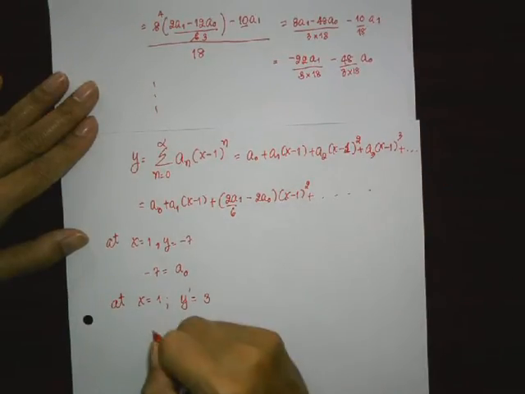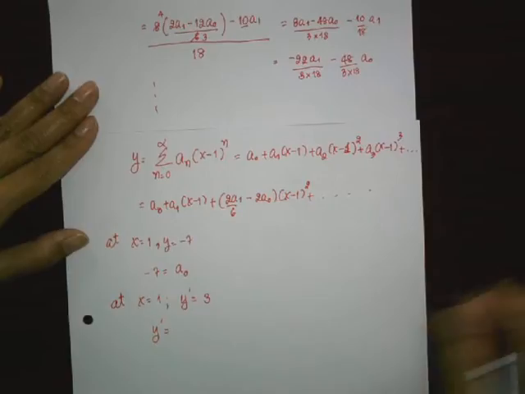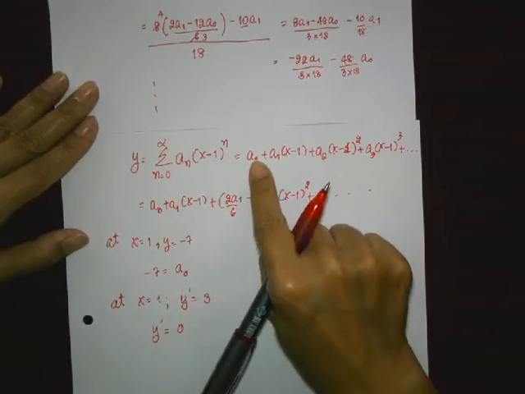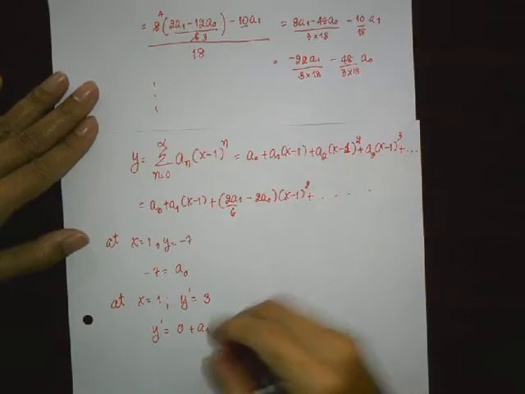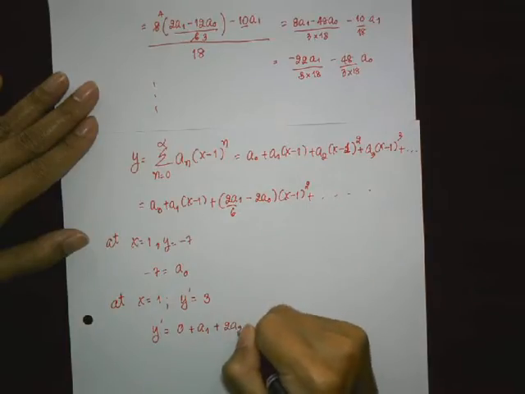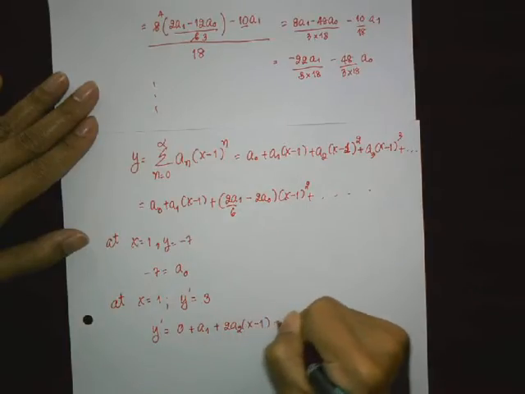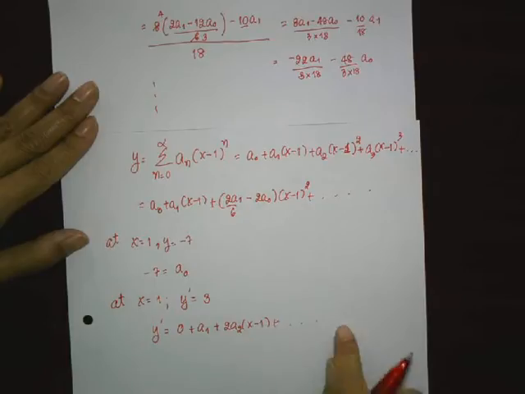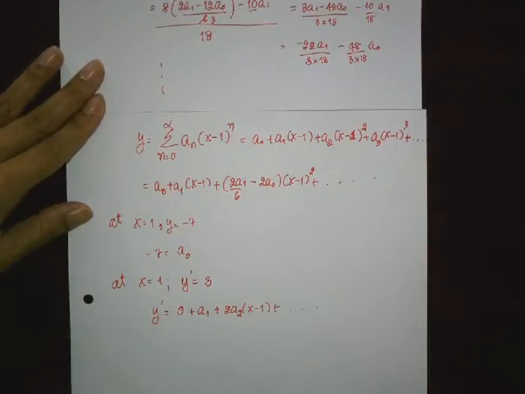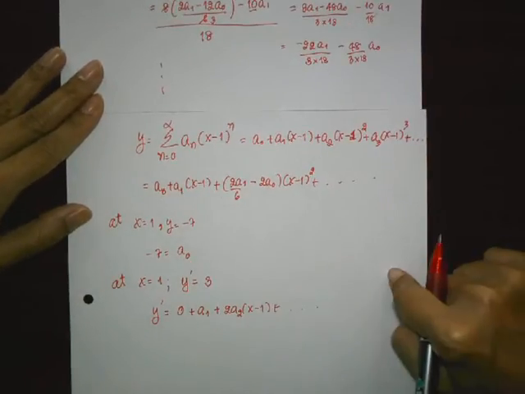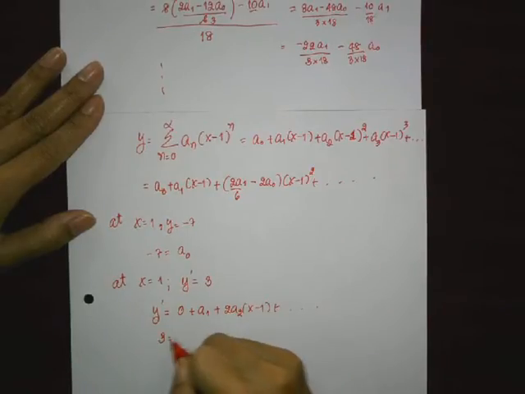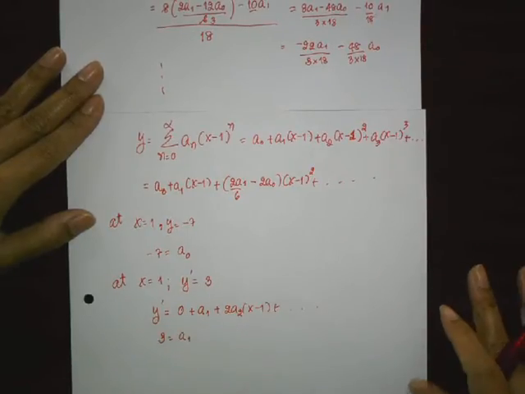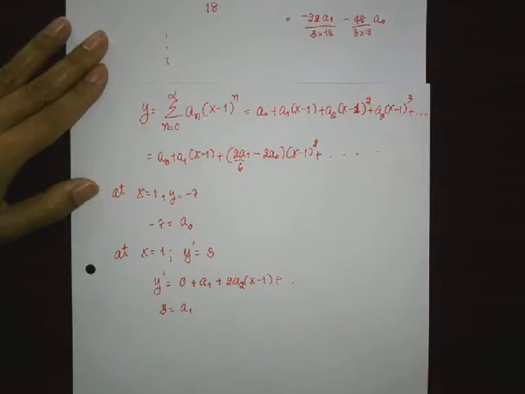The first term is 0, the second term is a1, the third term is 2a2 times x minus 1, and so on. So the rest would have the term of x minus 1, right? Then we plug the boundary in there, so we would get a1 is equal to 3.